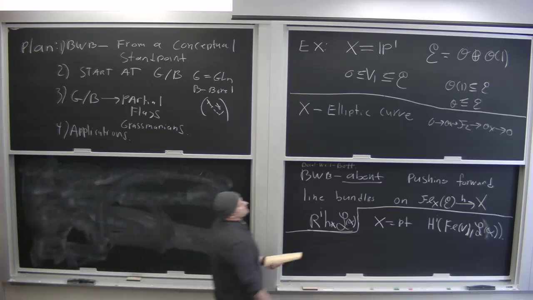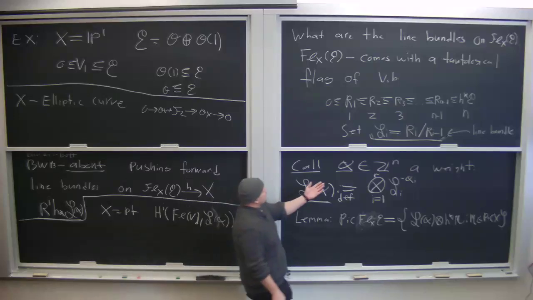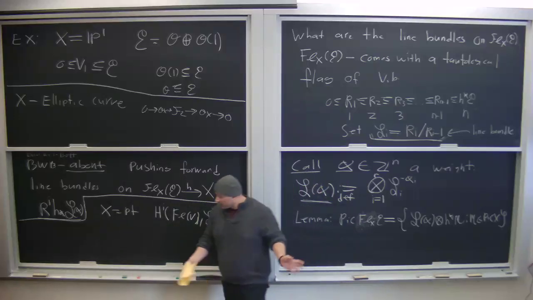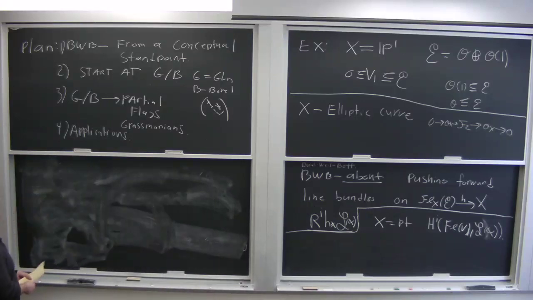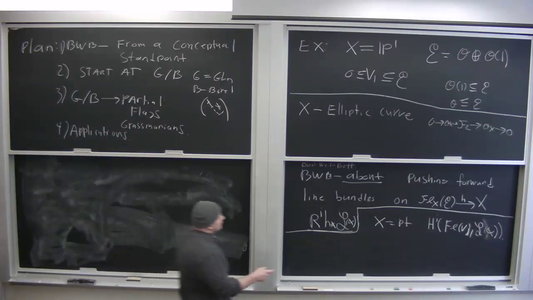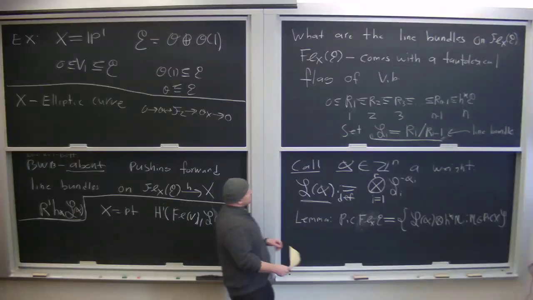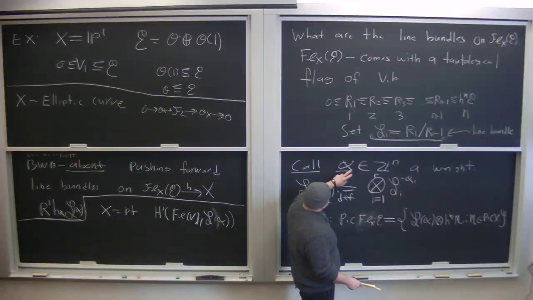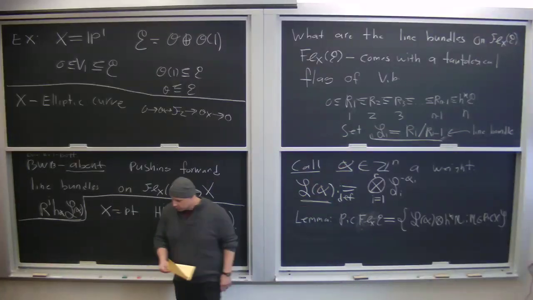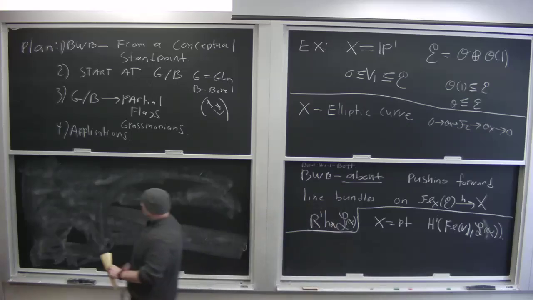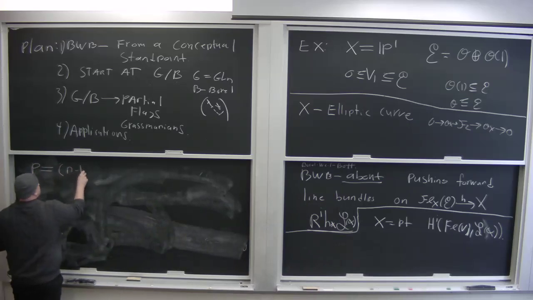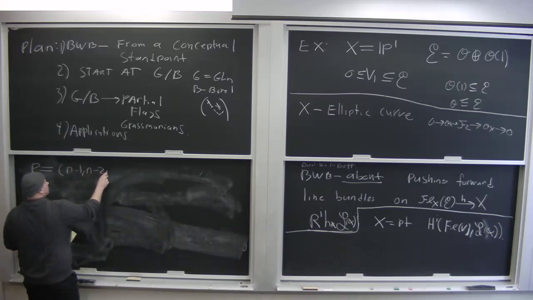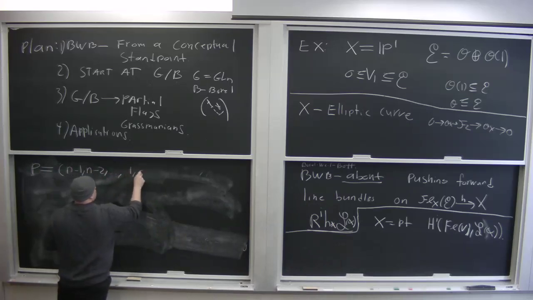So we want to phrase all this in terms of these weight vectors. To do this, I'm going to define a shifted action on these weights. So to do that, let's take rho to be (n-1, n-2, ..., 1, 0).